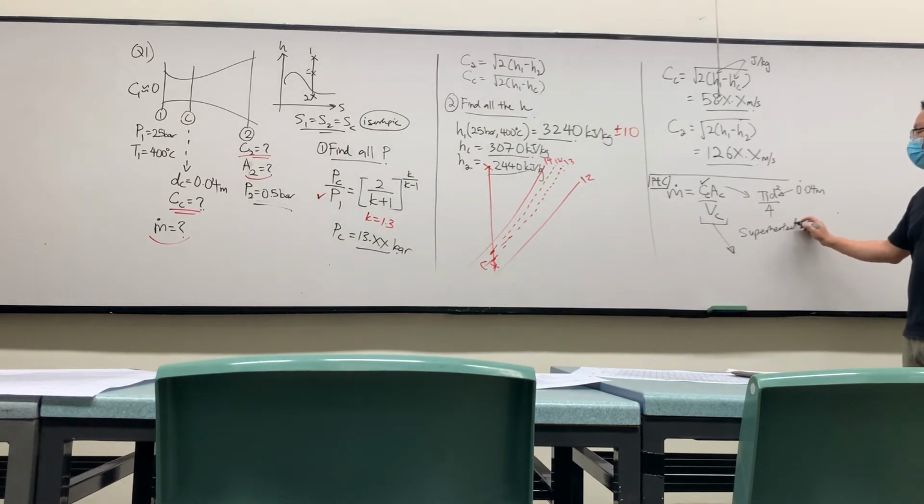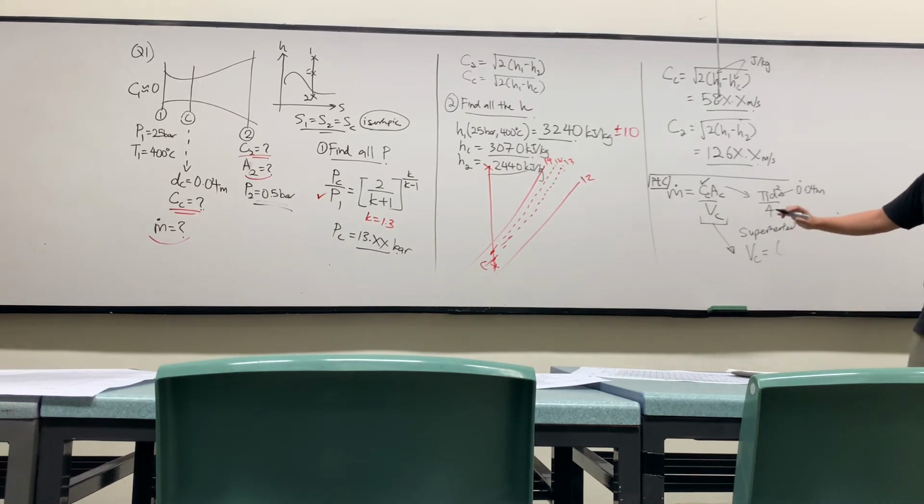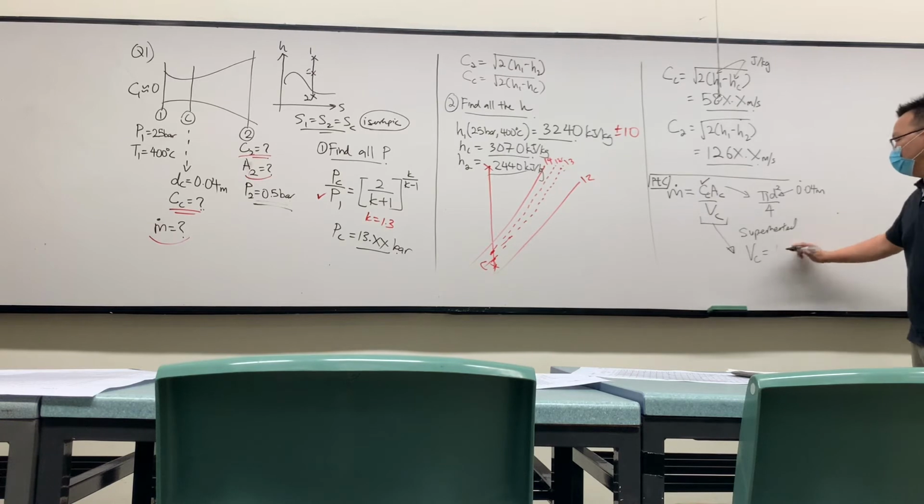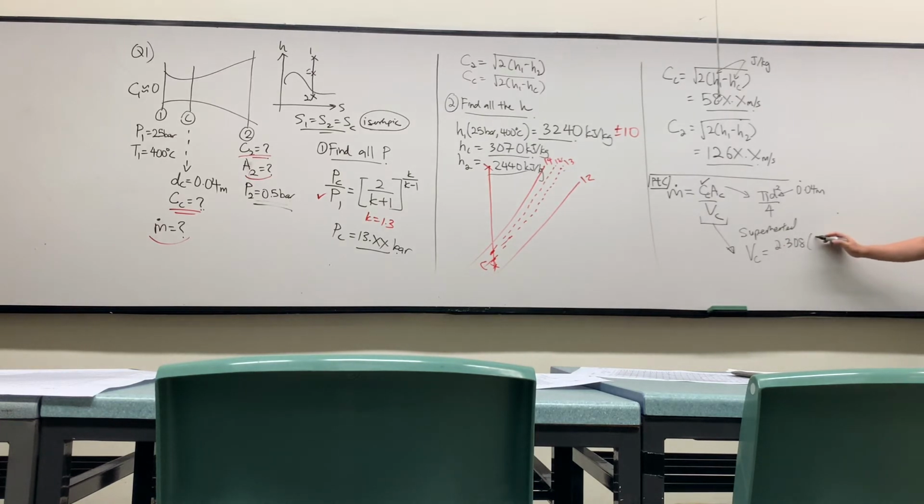And therefore you can use vC equals to what? 2.308 bracket minus h minus 194.3, this bracket over 10 to the power of 3, times PC.